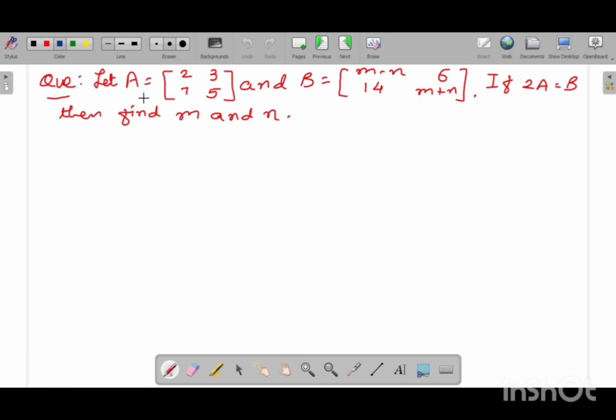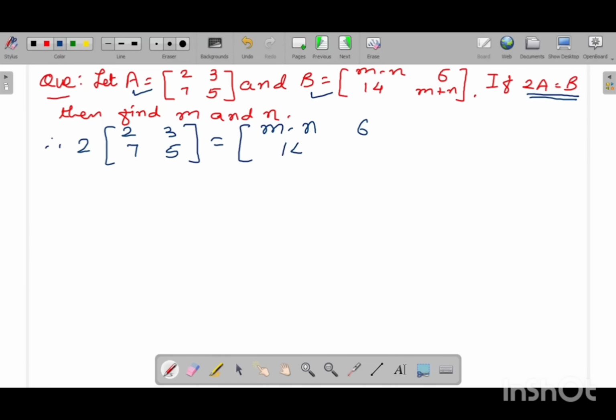See, this is another question where matrix A and matrix B are given. Unknown elements are there in matrix B, and instead of giving the equation directly, they have given separately that 2A is equal to B. So we have to write it this way: 2A, that means 2 into [2 3; 7 5], is equal to [m-n 6; 14 m+n].